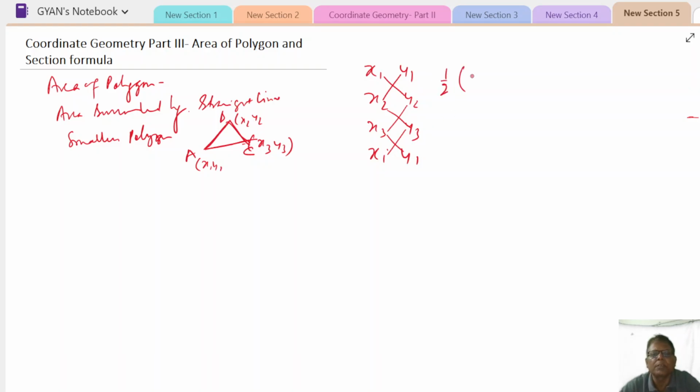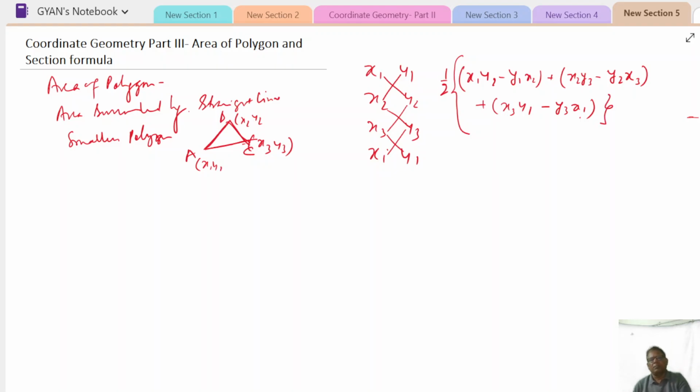For example, x1 y2 minus y1 x2, plus x2 y3 minus y2 x3, plus x3 y1 minus y3 x1, and half of all of this. This is the area of the triangle.